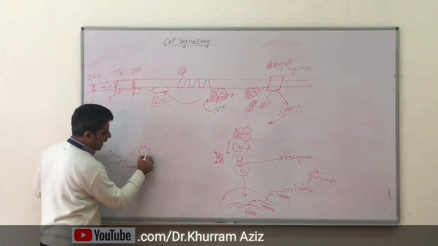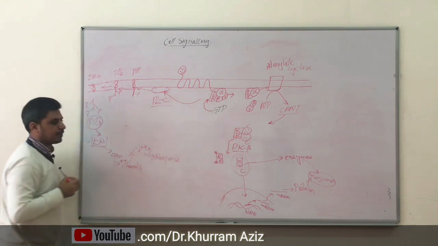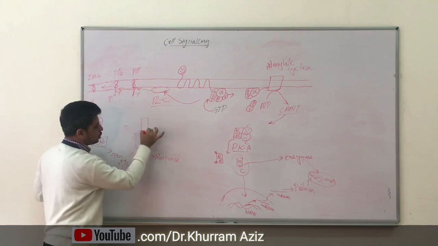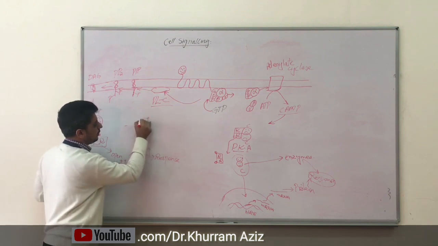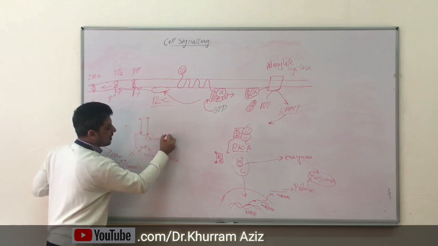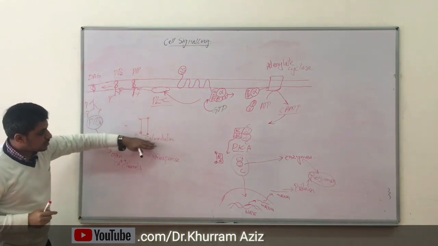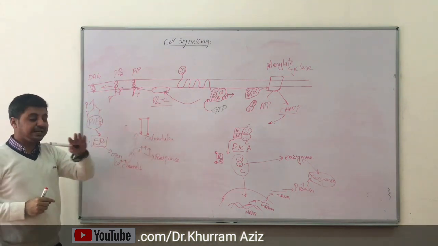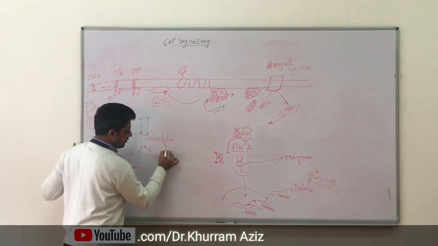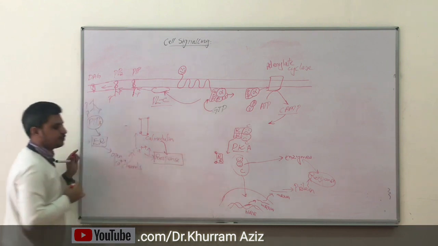This calcium will either give a response, or it will further bind to another protein which we name as calmodulin. For the activation of this calmodulin protein we need 4 calcium ions, and after the activation of this calmodulin it will give the response.